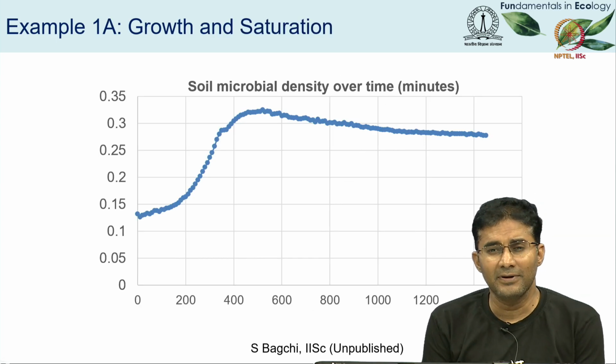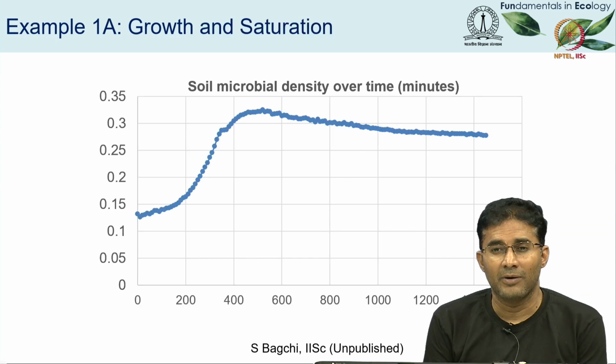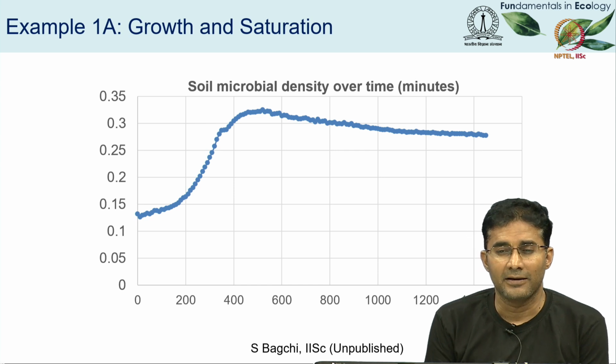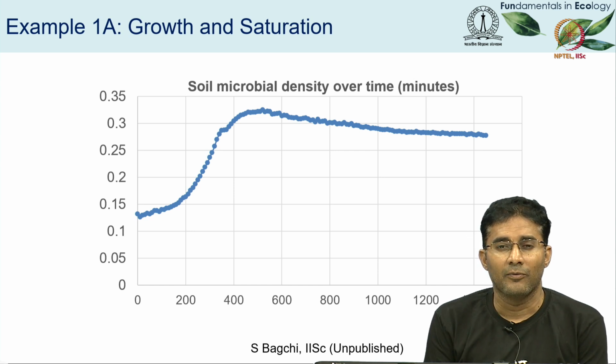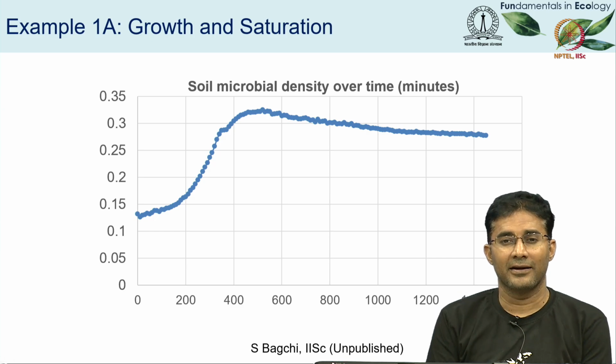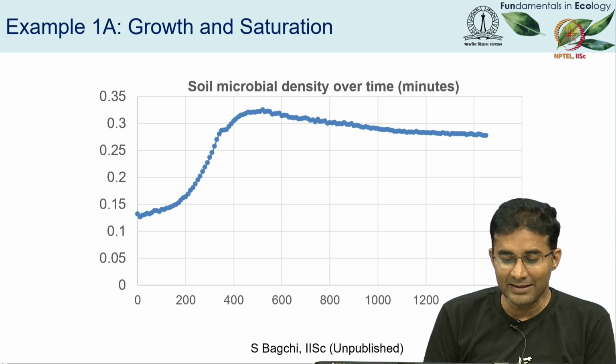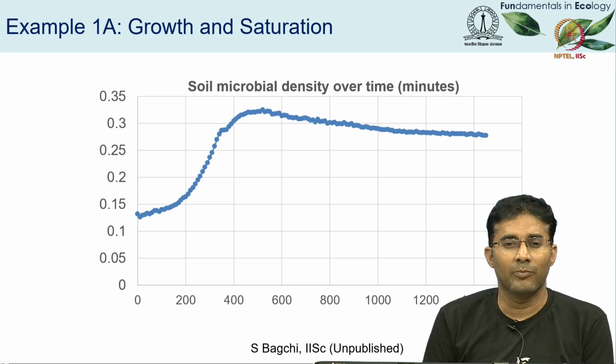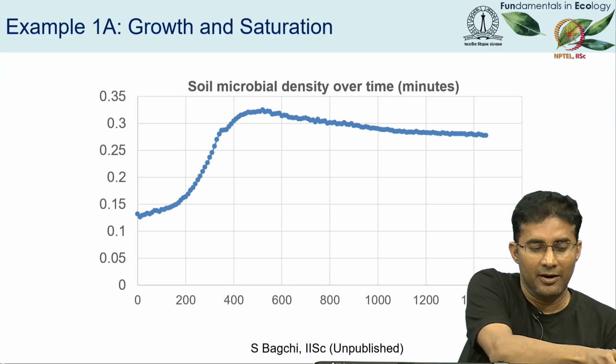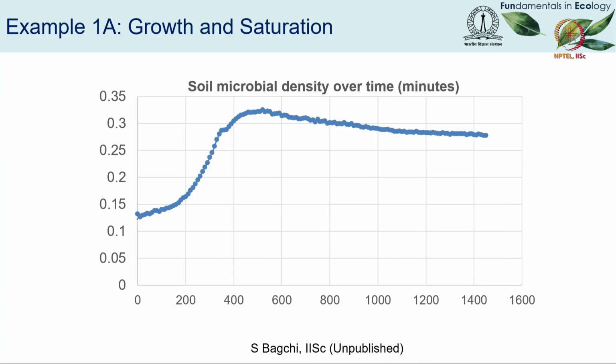And here is an example, in fact this example is from one of my colleagues at IISc. What my colleague did was to collect soil microbes and then study them in laboratory cultures. And what you find is that starting with some initial population value, which is given here at around 0.15 or so, the population increases rapidly in the beginning and then it reaches a maximum value.